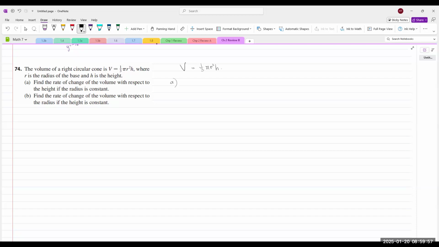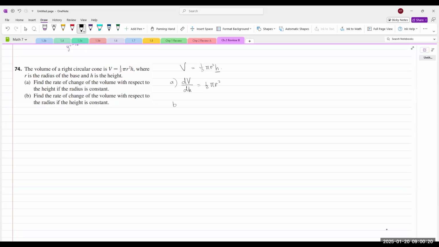So part A, we need to find dV dh if the radius is constant. So we do the derivative of this with respect to h. This has the variable h only, so it becomes just the coefficient only.